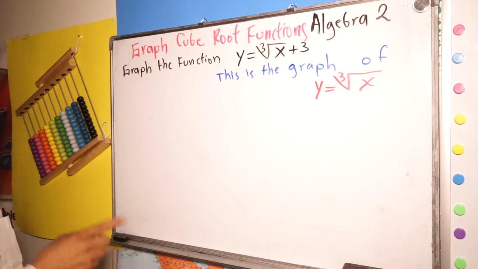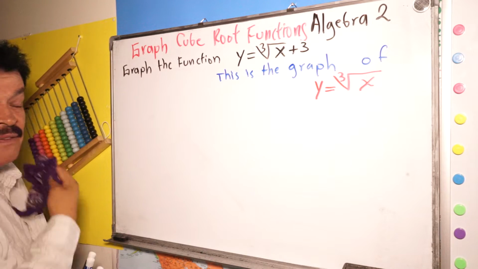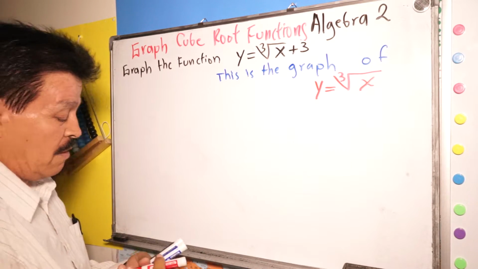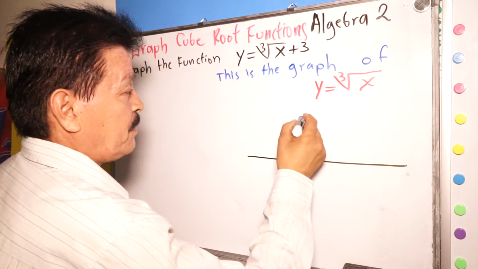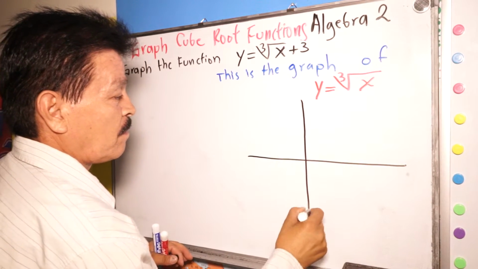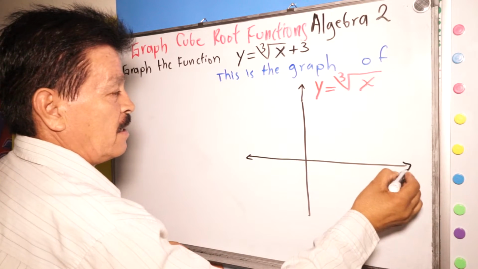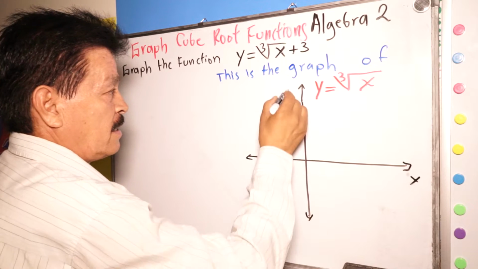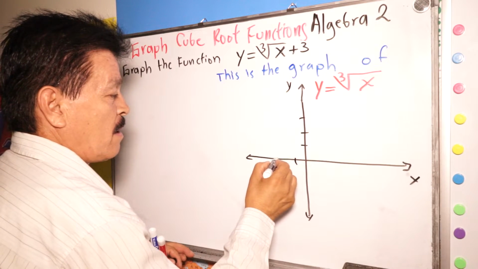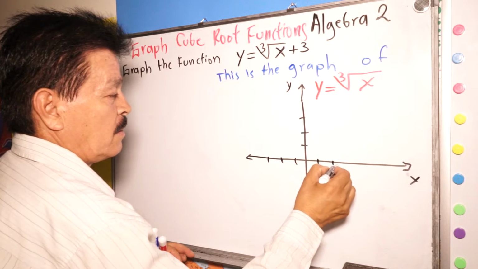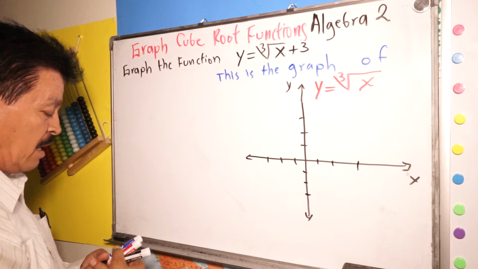Look at this graph. This is very important, keep it in your mind. Let me graph the function. For instance, when you have a function like this, this is x, this is y. All right, 1, 2, 3.